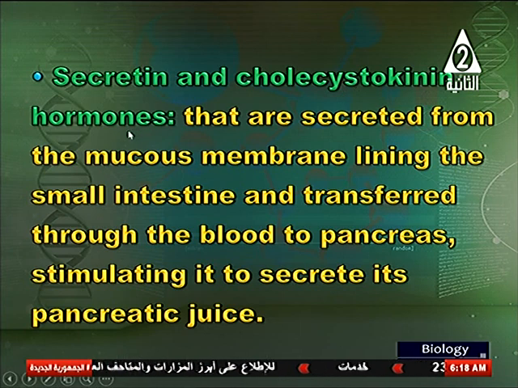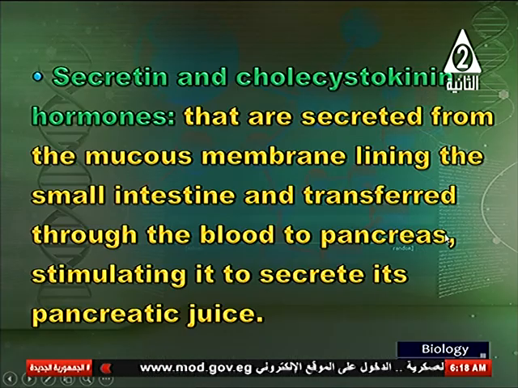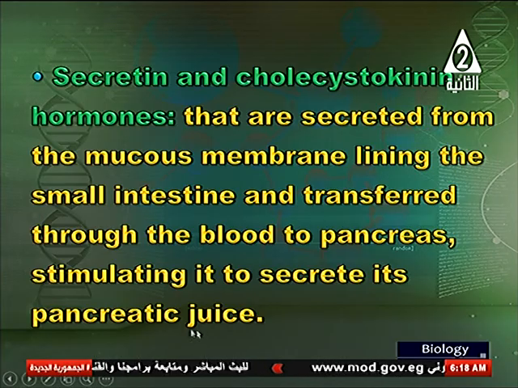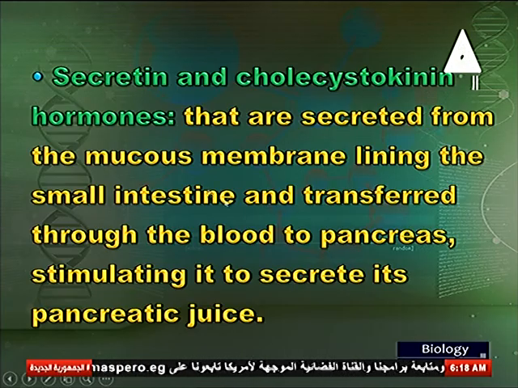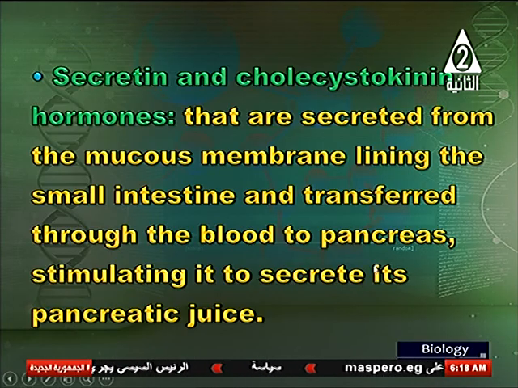Cholecystokinin hormones, that are secreted from the mucous membrane lining the small intestine, are transferred through the blood to the pancreas, stimulating it to secrete pancreatic juice. Okay, this is the scientist who observed that the small intestine, the duodenum, sends a message to the pancreas to secrete its juice, pancreatic juice.